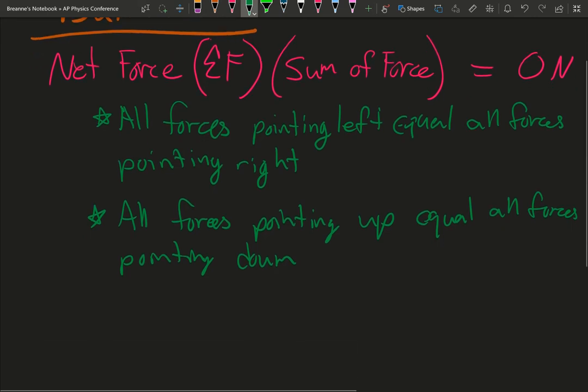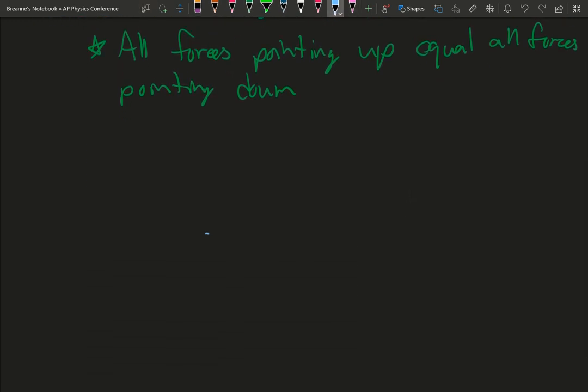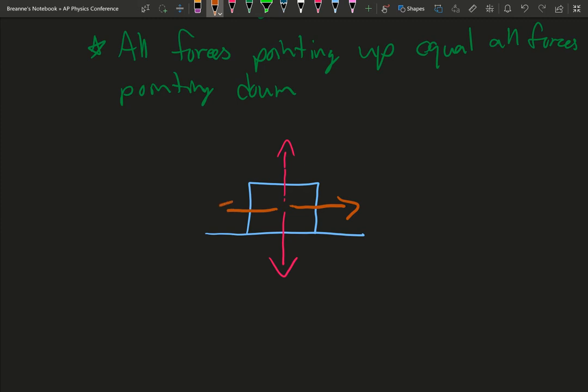Now, what that would look like in a free body diagram: you have an object. Pretend like the line's connected. The arrow pointing down is the force of gravity.